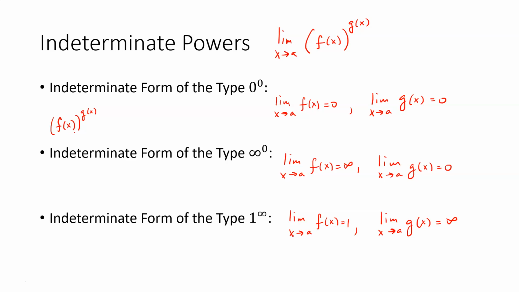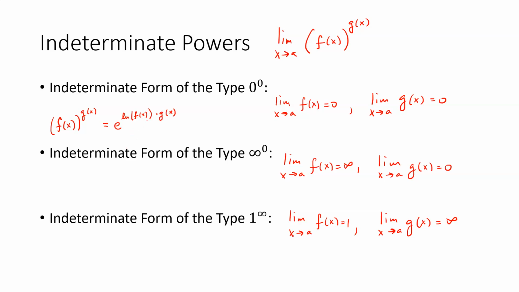I can oftentimes use a logarithm or an exponential function, like f of x can be written as e to the ln of f of x, and then multiplied by g of x.